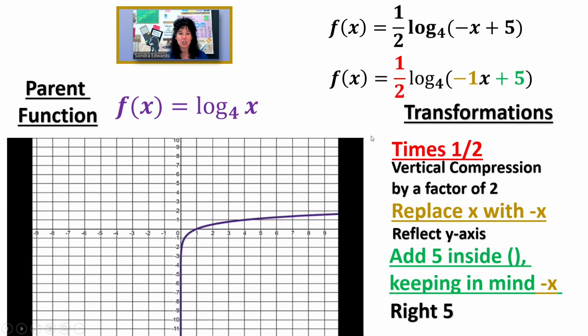Okay, I'm going to sketch in that basic logarithm, log base 4 of x, with an asymptote that's the y-axis. Next, I'm going to compress it by a factor of 2. So see how it's squished? The heights were half as tall as they used to be.